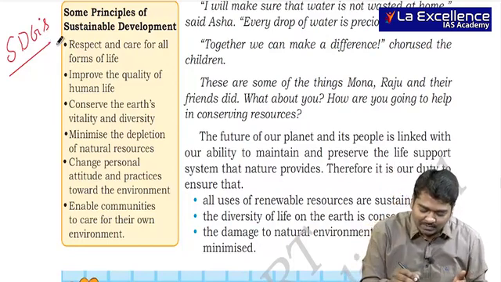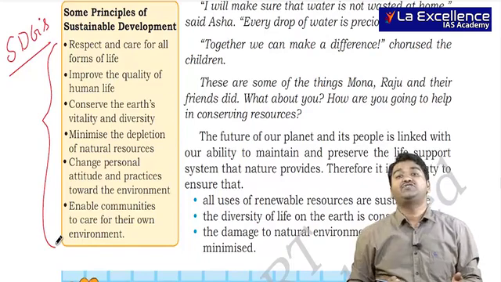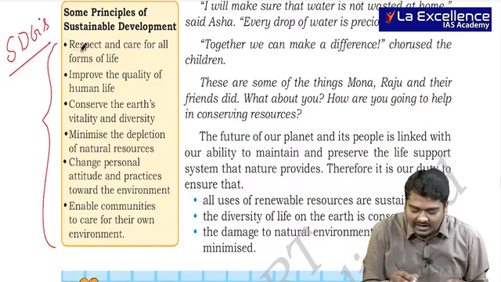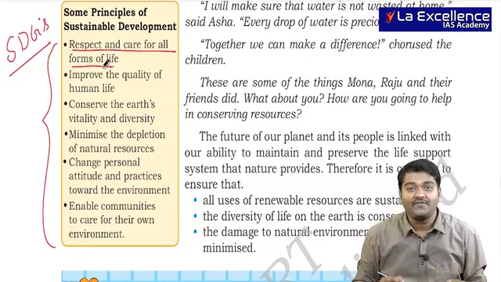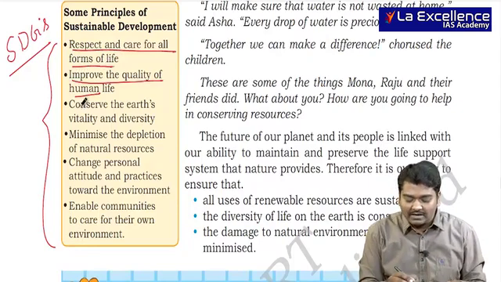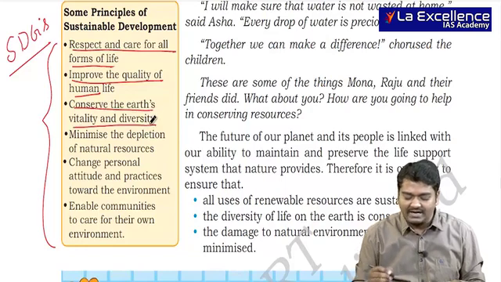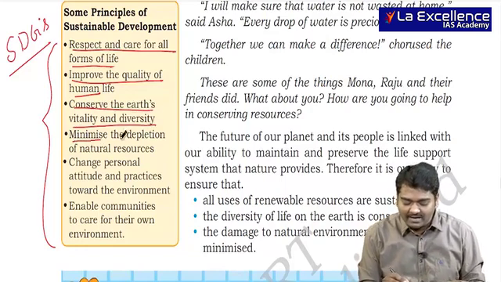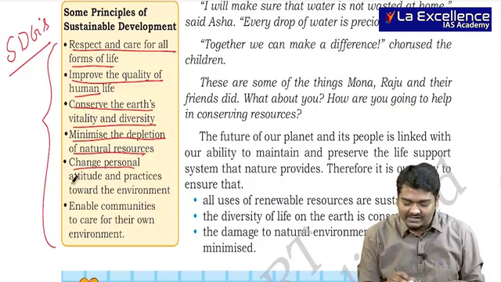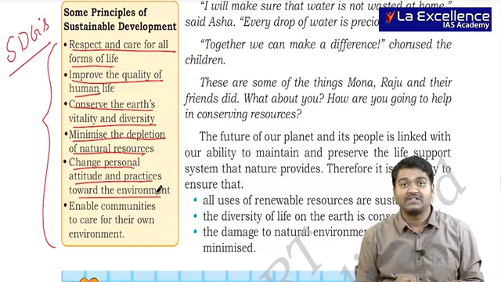But there are some principles which you can use in your essays. Respect and care for all forms of life, improve the quality of human life, conserve the earth's vitality and diversity, minimize the depletion of natural resources, change personal attitudes and practices towards the environment.